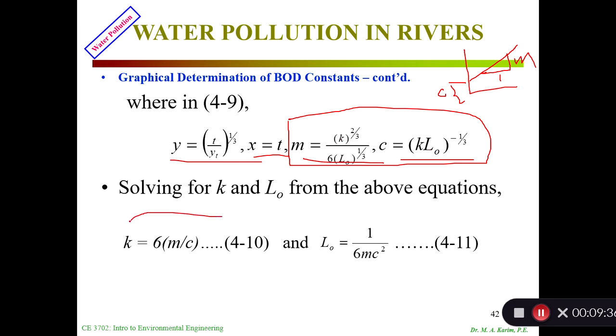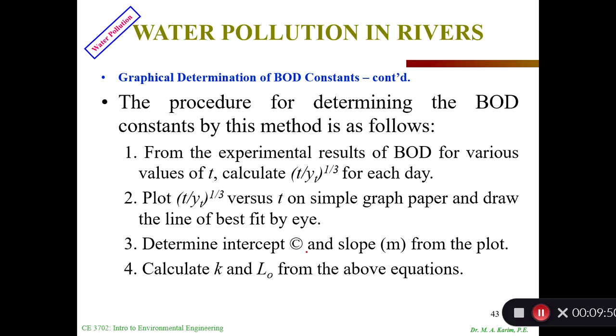If I solve it, I get k equal to this and L0 equal to this. Okay, so equations 4.10 and 4.11 can be used to calculate the values of k and L0. So that is our main intent, to evaluate the BOD rate constant. Okay, so here is some of the explanation that I have here, the procedure for determining the BOD rate constant by this method.